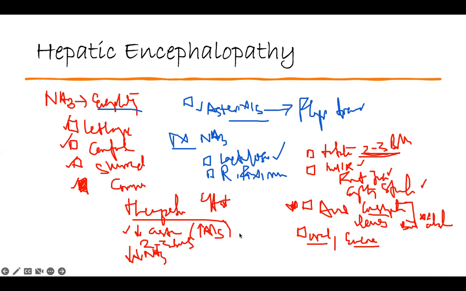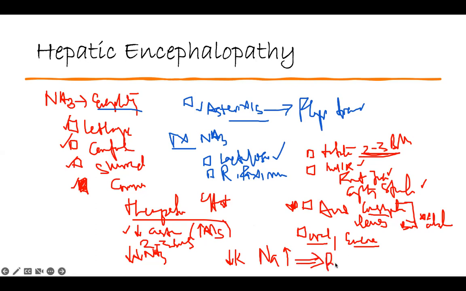You have to know that because of the bowel movements, their potassium level goes down, and their sodium goes up because they get dehydrated. So pay attention. These are the key electrolytes.